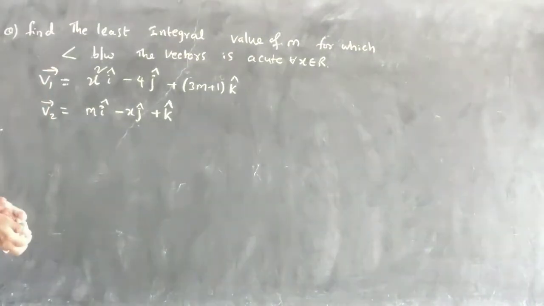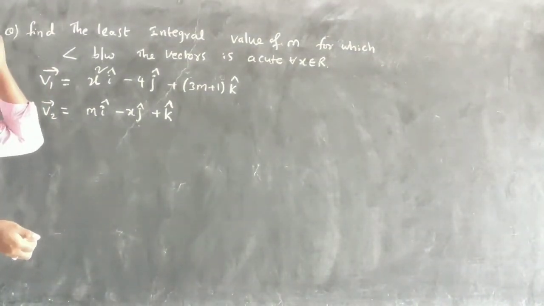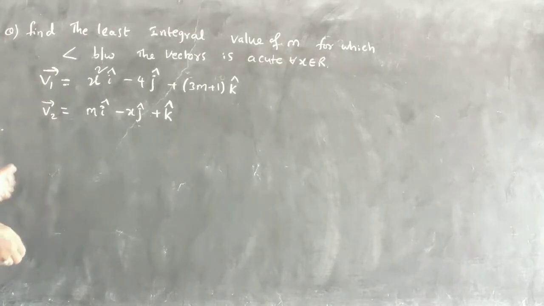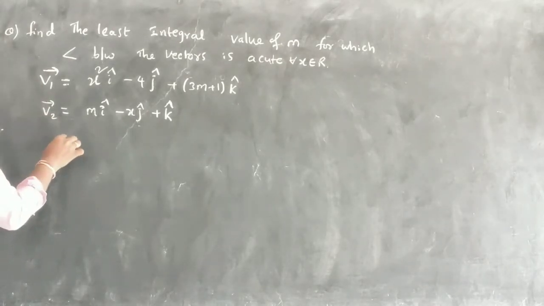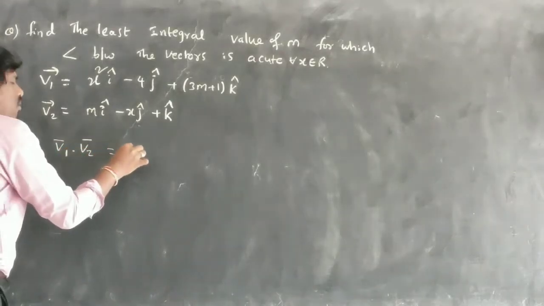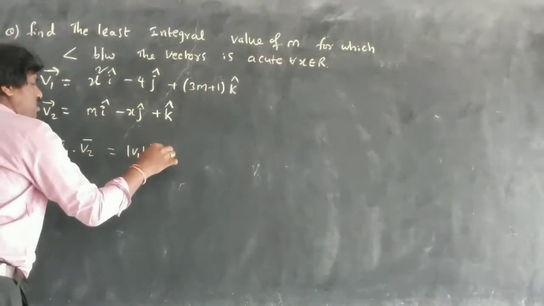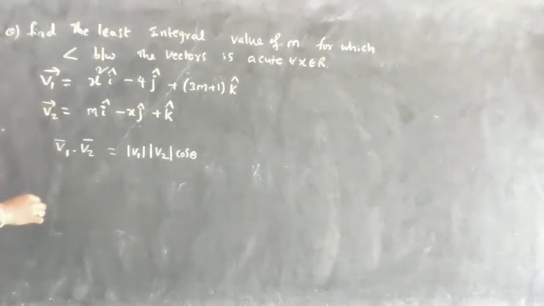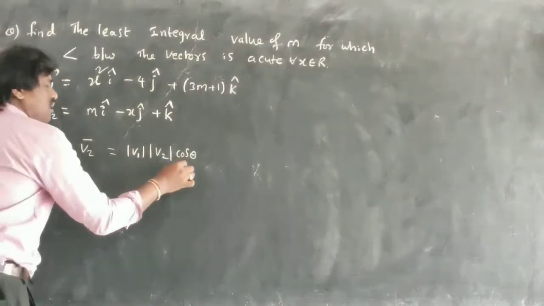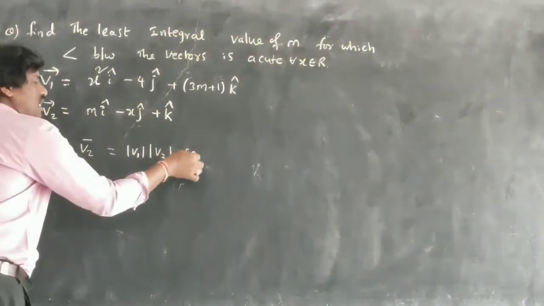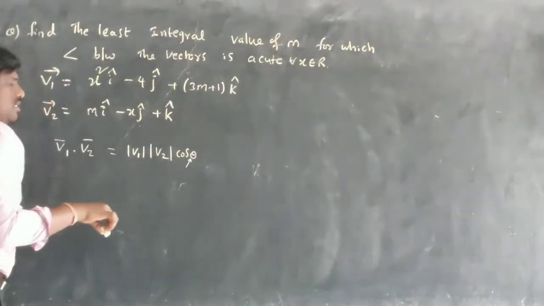As I already informed you while teaching vector classes, you know that V1 vector dot V2 is equal to mod V1 mod V2 cos theta. The angle between the vectors is acute. If the angle between the vectors is acute, then that will give a positive result.